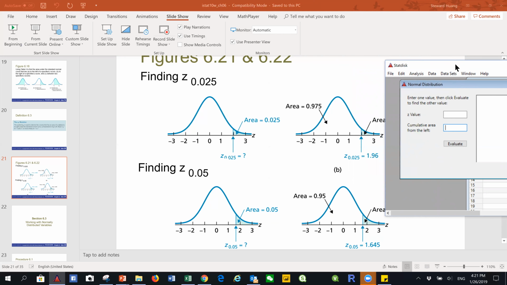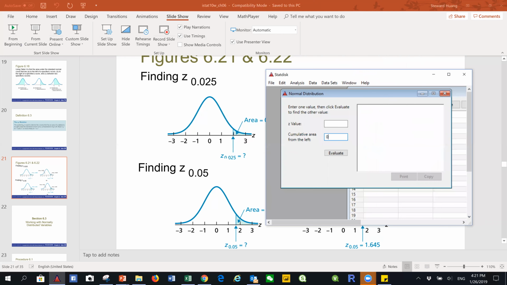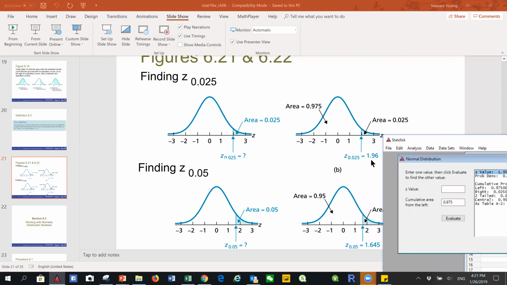So you plug in 0.975 here, and you will see 1.96. You see the top value right here, 1.9599, is 1.96, and that's why you get this value 1.96.